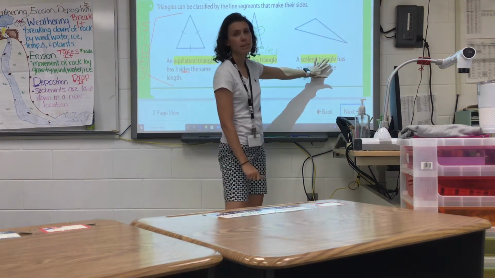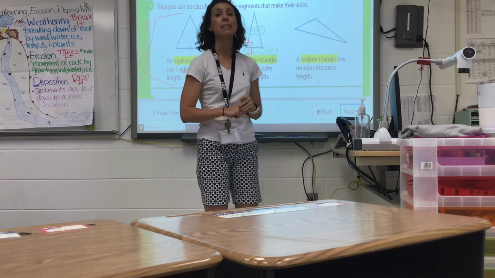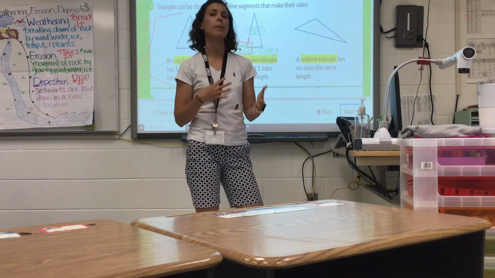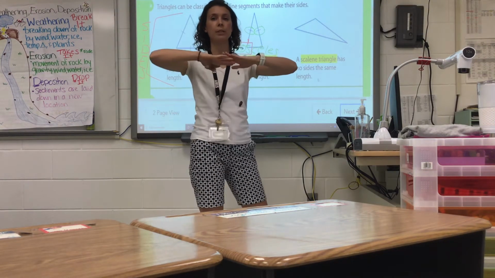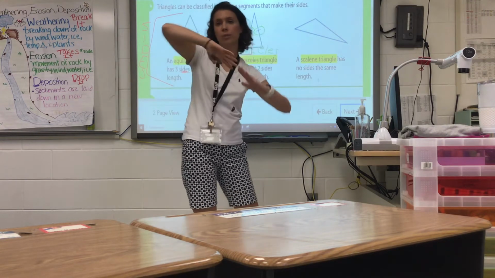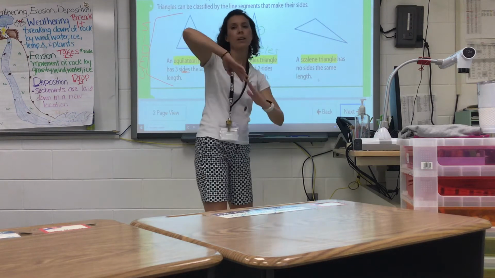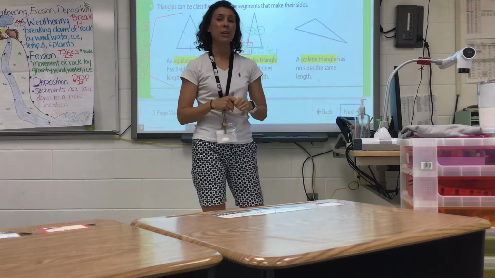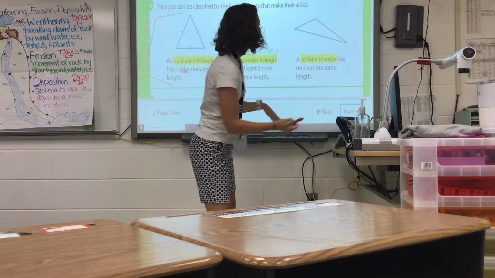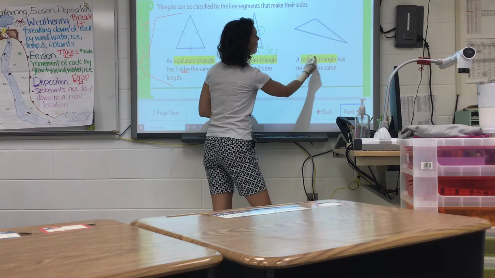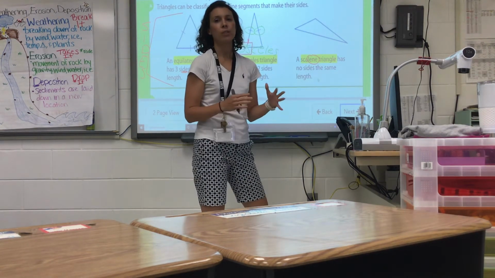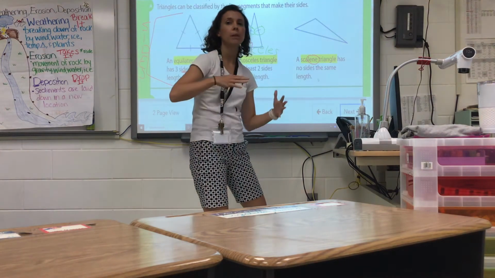And then the last one is scalene. I like to think about a scale. So think about in science when we were balancing things. Your scale kind of teeter-totters, right? And that's kind of what this looks like. It looks like a scale and it's tipped a little bit. Or you can use the word lean. That's what I like to do. In the past, I've always used lean. So it's kind of a triangle that's leaning. It's never going to be just perfect.